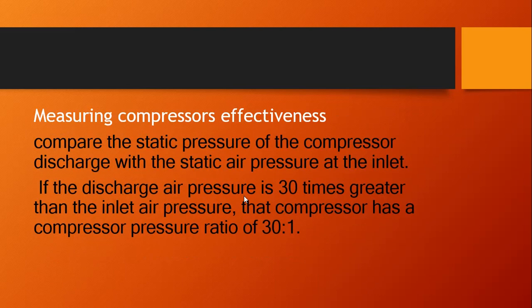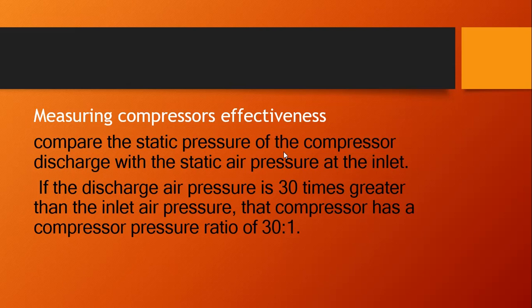So measuring compressor effectiveness. How do we measure the effectiveness of a compressor? We compare the static pressure of the compressor discharge with the static air pressure at the inlet. So how do we do that?